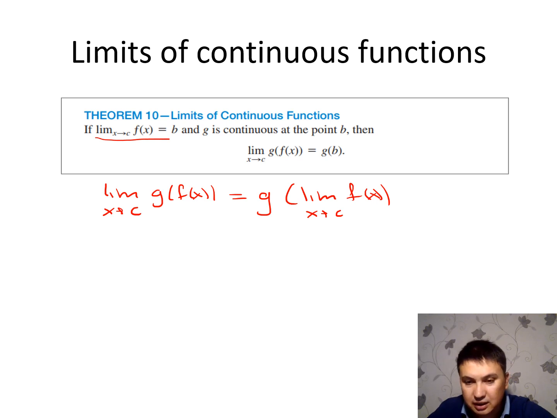So what it tells you is that when f and g are continuous functions, the limit can go inside when you take the composition. So the limit of g of f is g of the limit of f.